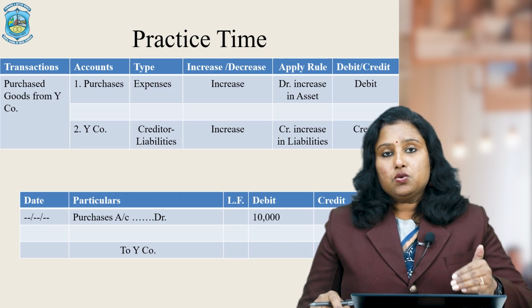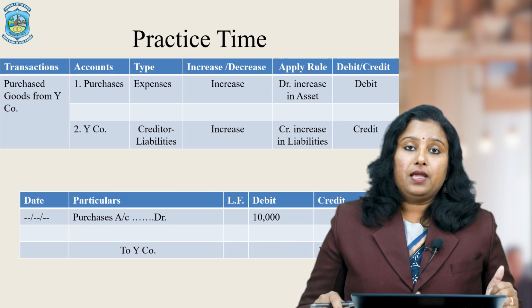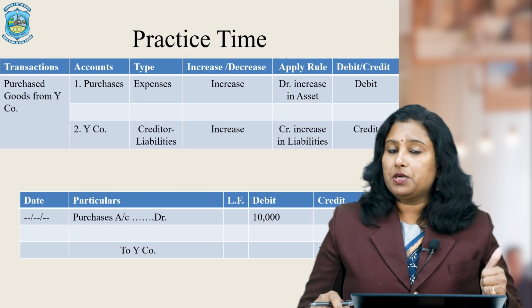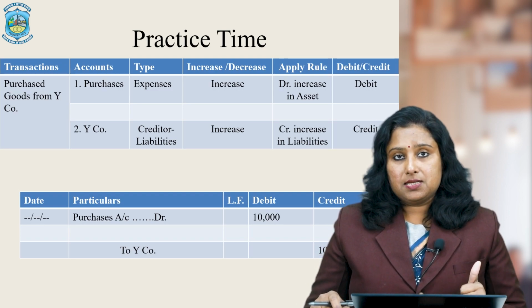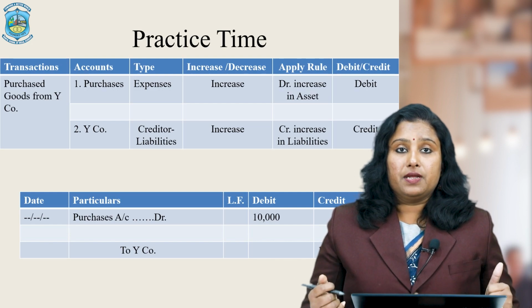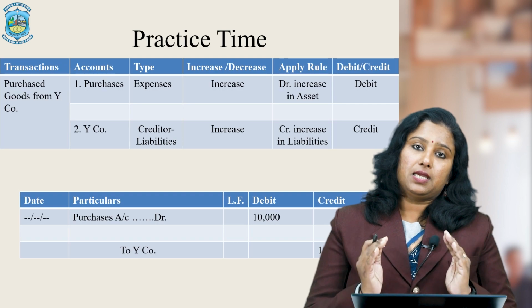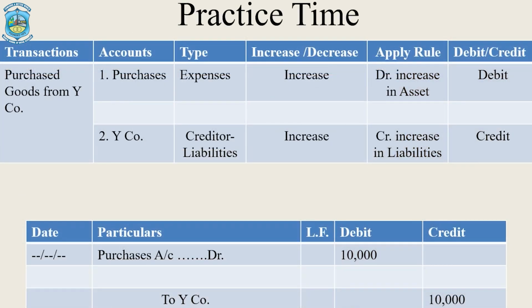Now, once the two accounts have been identified, the next thing is to identify which category or which type they belong to. So purchases is an expense account and Y company is a liabilities account. Now we need to observe whether they are increasing or decreasing. So when you are purchasing, that means expenses are increasing. And when you have not paid yet, your liabilities are also increasing.